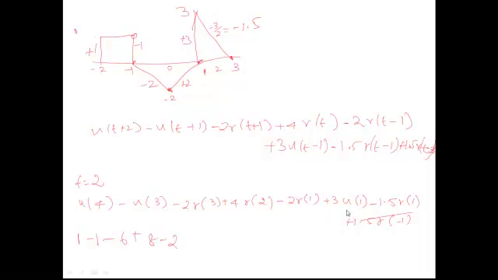Here u of 1 is always 1, multiplied by 3, so it's 3. Again the ramp r of 1 is 1, multiplied by 1.5 is minus 1.5. If you add all these, you have 1 minus 6 plus 8 minus 2 plus 3 and the result is 1.5, which is correct. So at t is equal to 2, we are getting the result 1.5. You can validate this for anything.